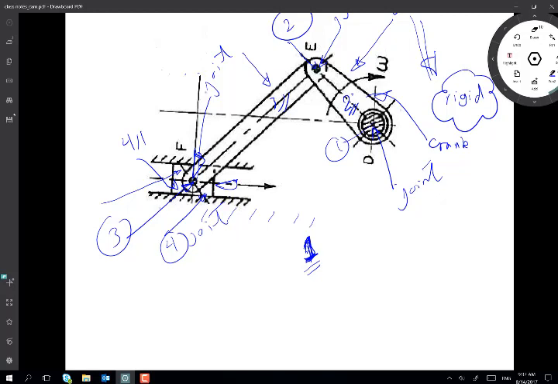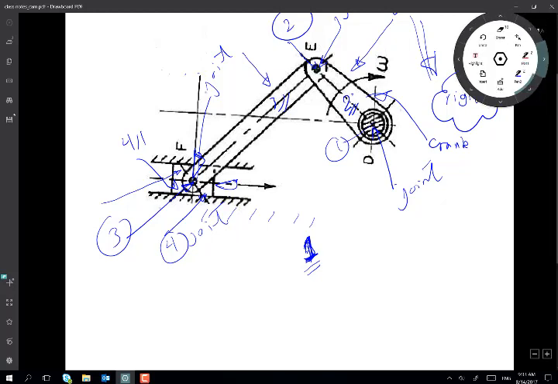As you can see in front of you right now, we have rotary joints, like this joint here, joint number one, which allows for the crank, link number two, to rotate about its own axis. So this joint allows for rotational motion. I'm just going to refer to this by the letter R for the moment.